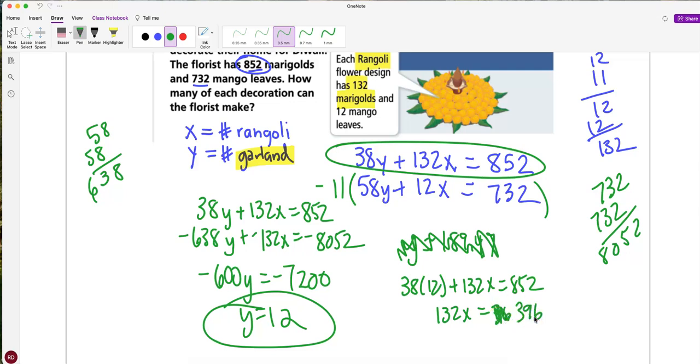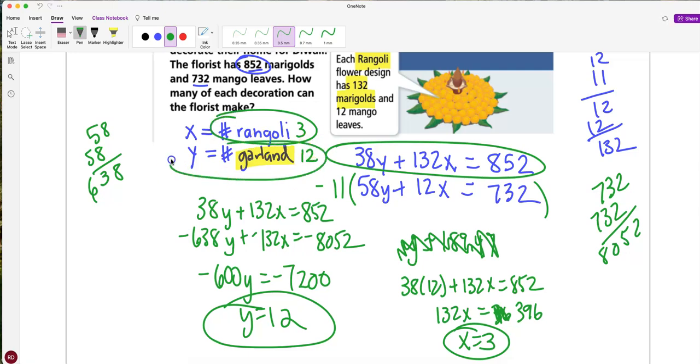Divide that by 132 is 3. x equals 3. So go back to the equation. It looks like I'm making 3 rangoli and 12 garland.